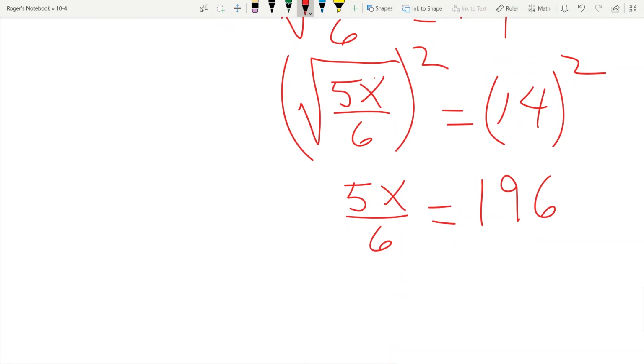So now we multiply by the reciprocal of the coefficient of x on the left here, 5 over 6. What's the reciprocal of 5 over 6? 6 over 5. So we're going to multiply by 6 over 5 on both sides.